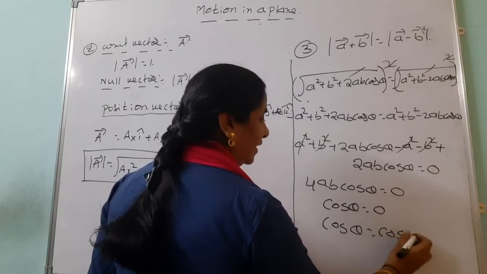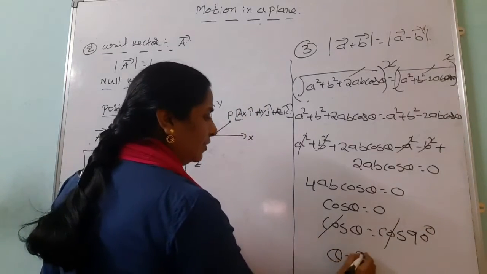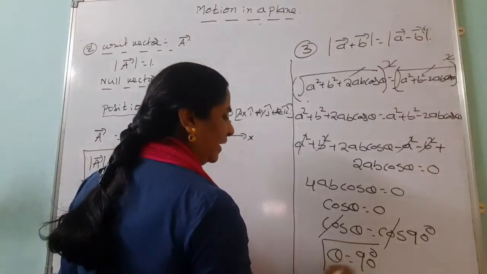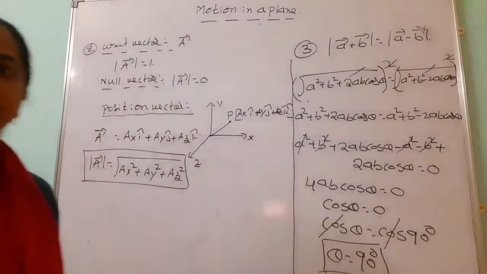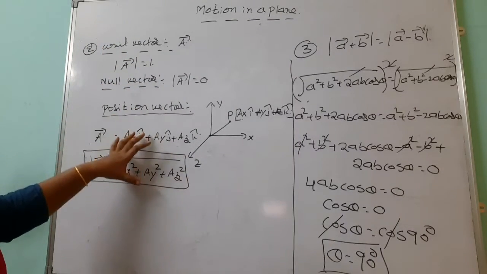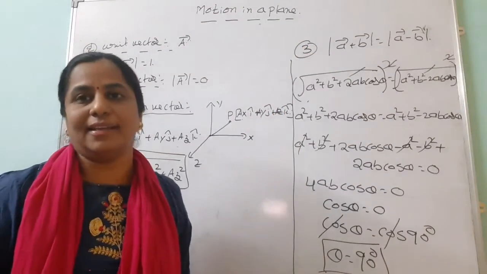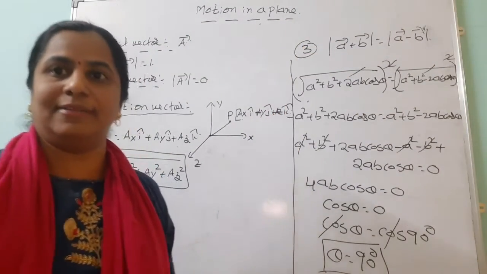Instead of 0, we write cos 90 degrees. Cos cancels. So how much angle is there between a and b? Theta equals 90 degrees. So this is how to define unit vector, position vector, null vector, and this is the question of the angle between a bar and b bar.